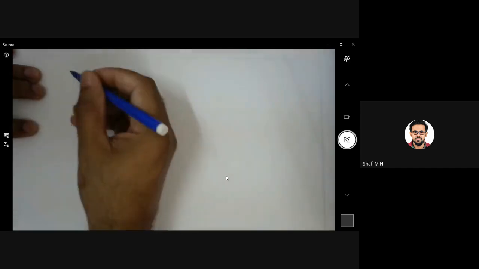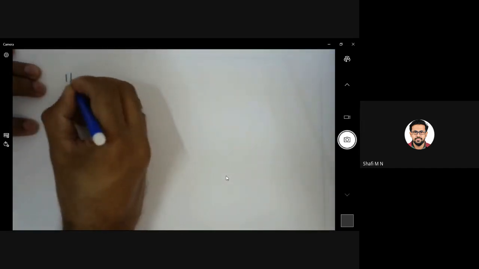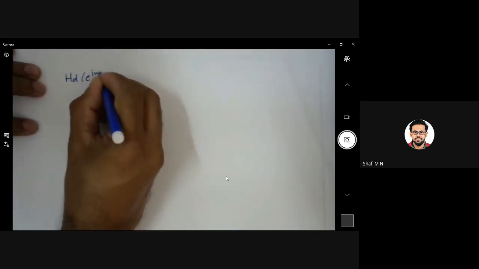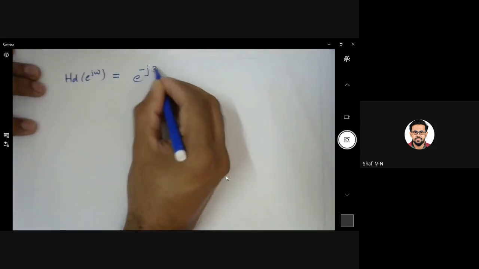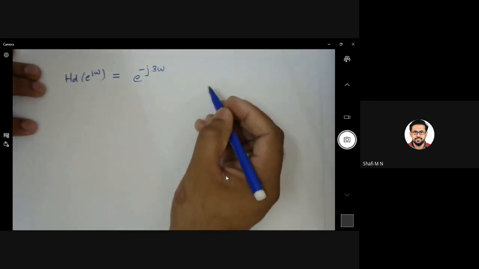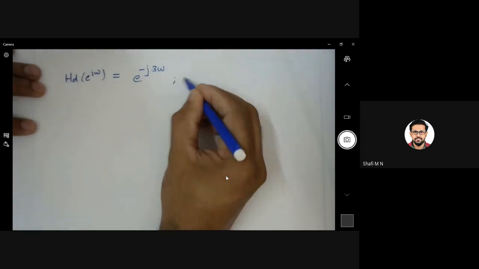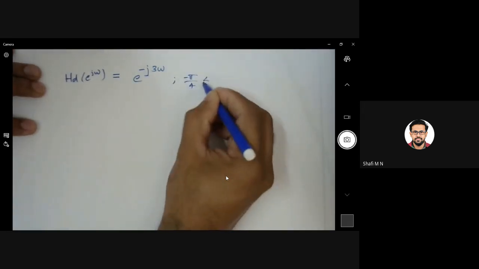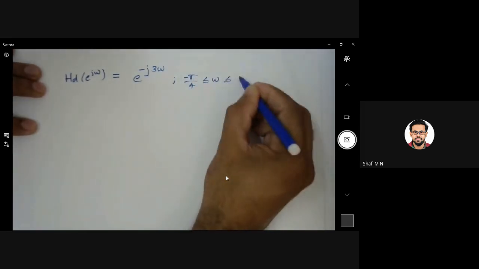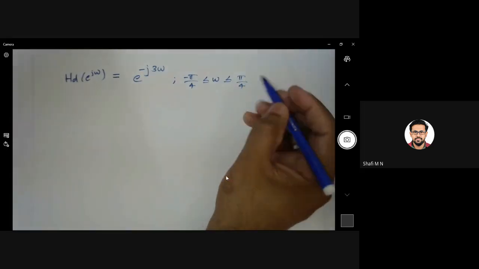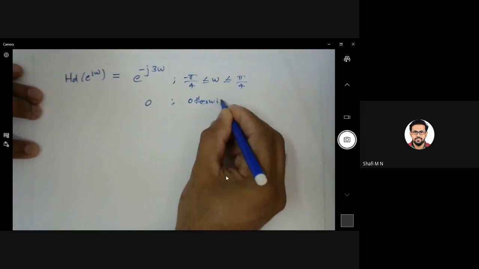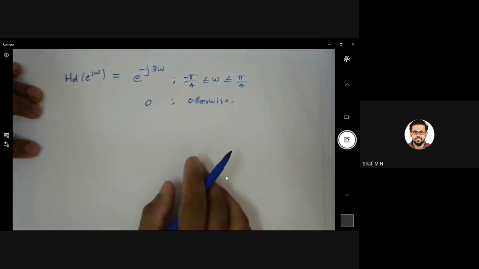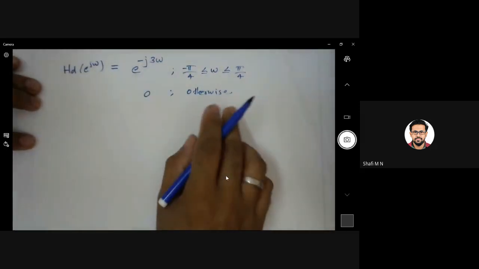Design an FIR filter with HD of e power j omega is equal to e raised to minus j3 omega for minus pi by 4 less than or equal to omega less than or equal to pi by 4 and 0 otherwise. So this is your frequency response.